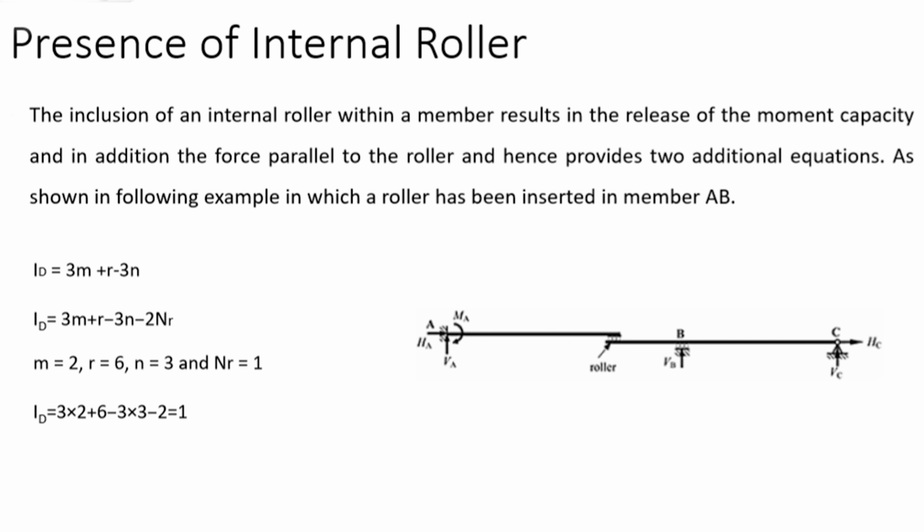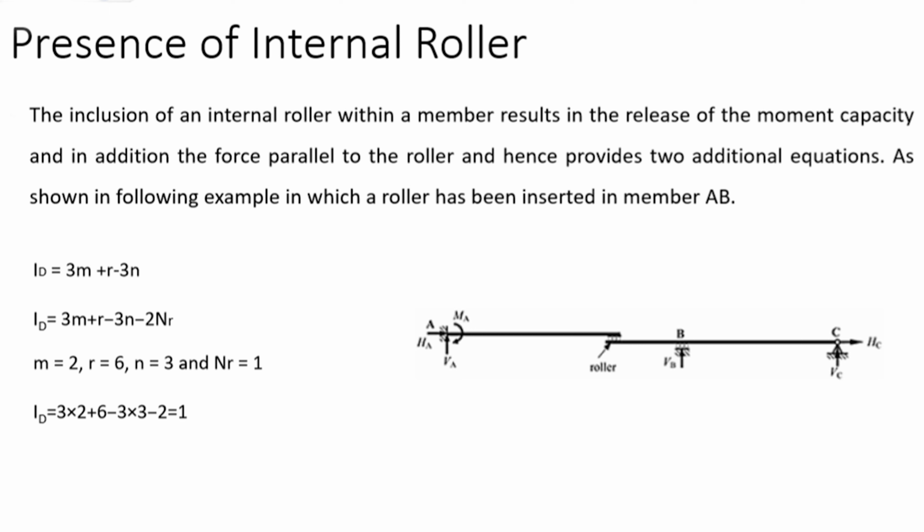In conclusion, an internal roller within a member results in the release of moment capacity and, in addition, the force parallel to the roller, and hence provides two additional equations, as shown in the following example in which a roller has been inserted in member AB.